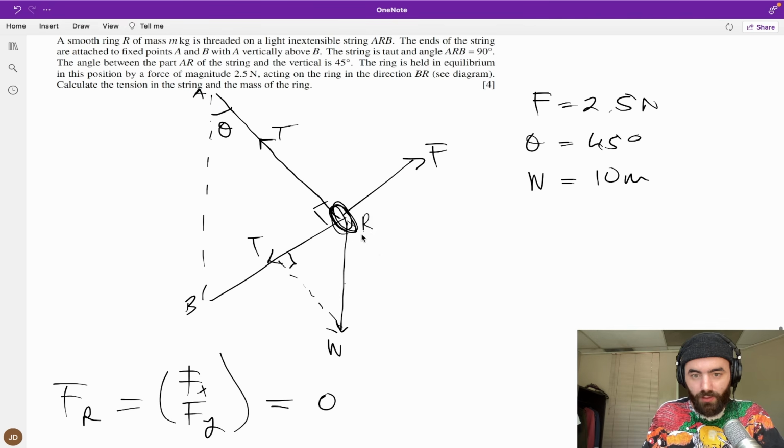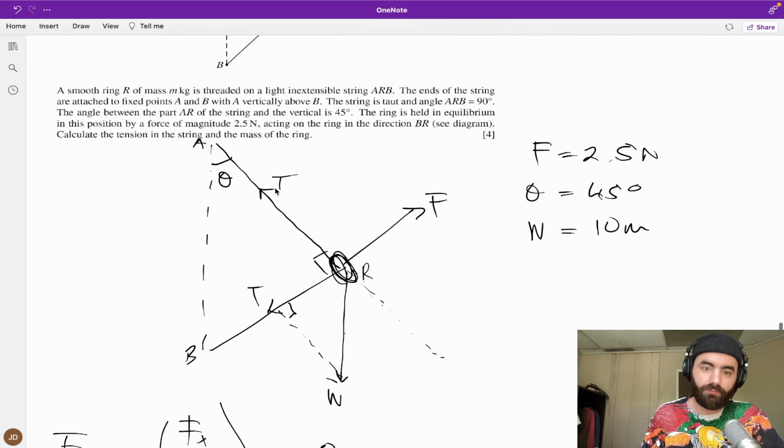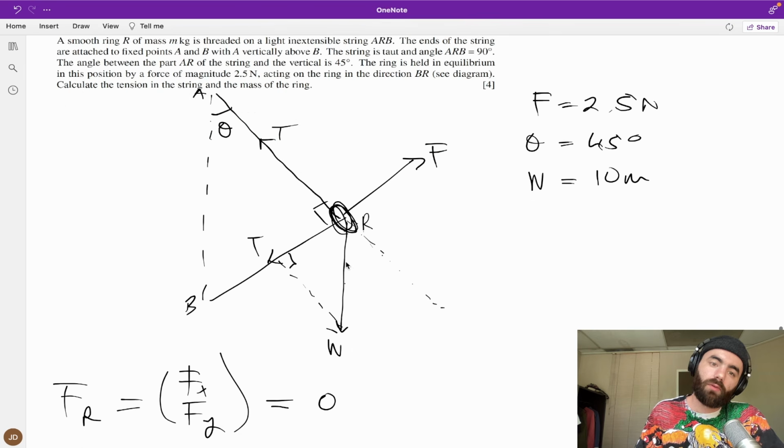Yes, if we think about it, what is this angle here? Well, we have theta, so this angle here will be straight down, theta.